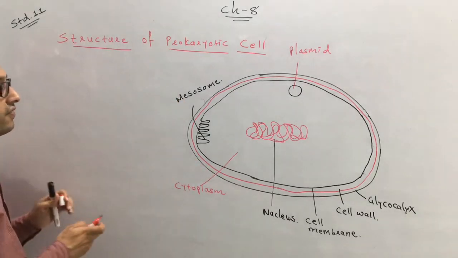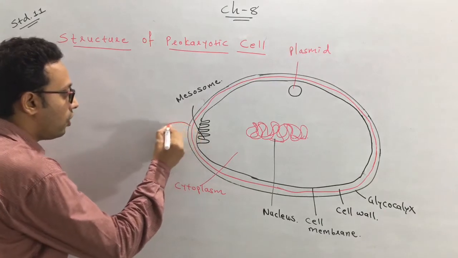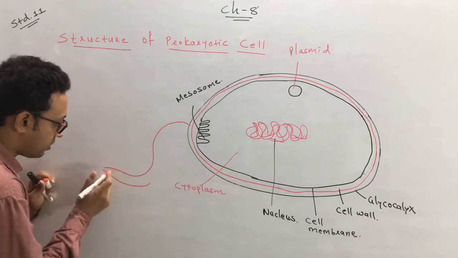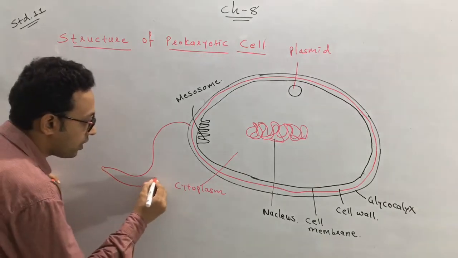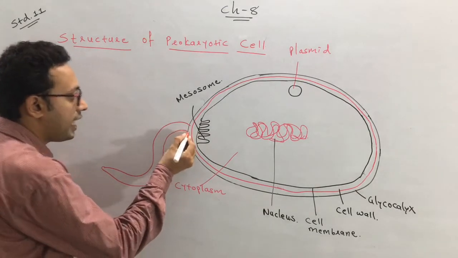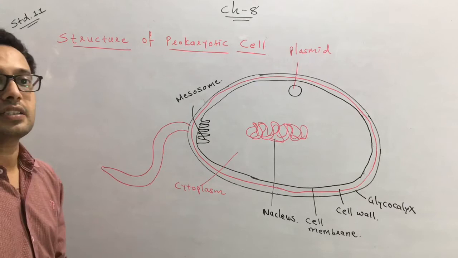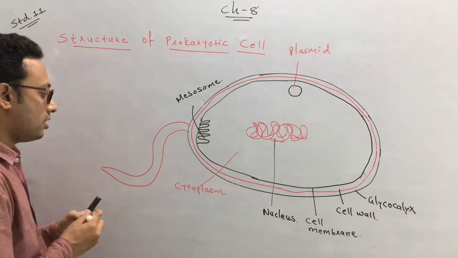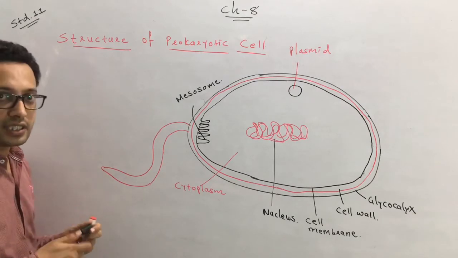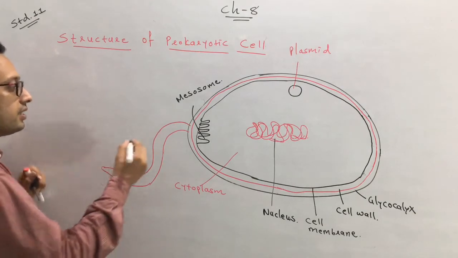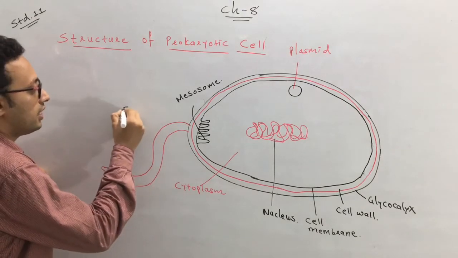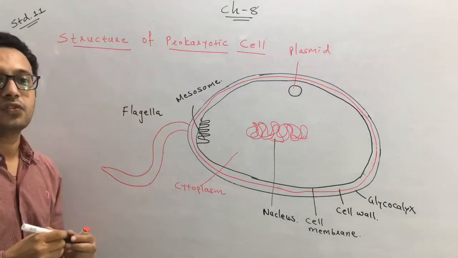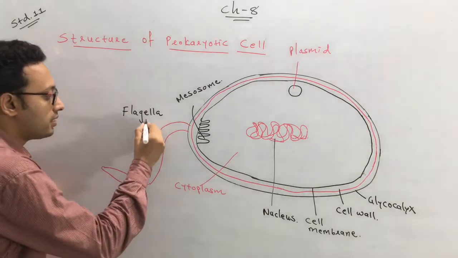Another component you can find is a long filamentous structure that generates from the envelope, looking like a tail. This long filamentous structure that arises from the surface is called flagella.